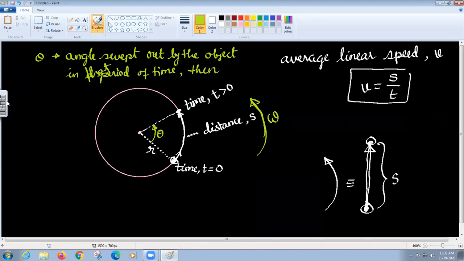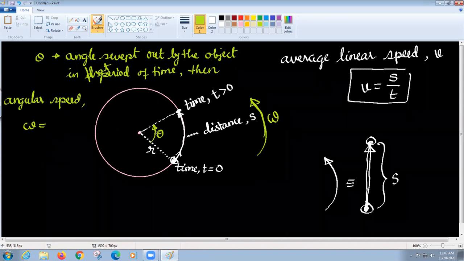Let angular speed be omega. Omega is equal to what here? If linear speed is equal to s by t, then what must be angular speed?